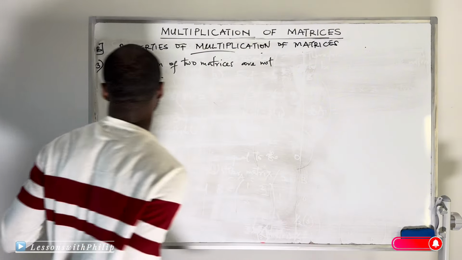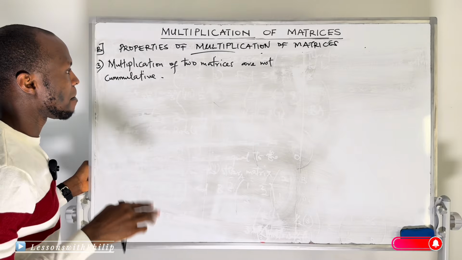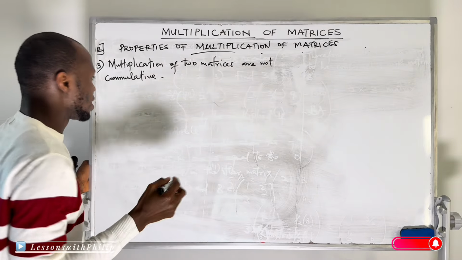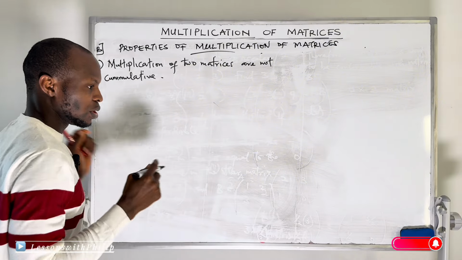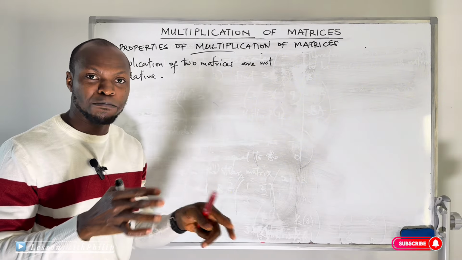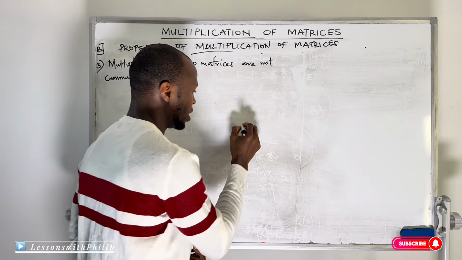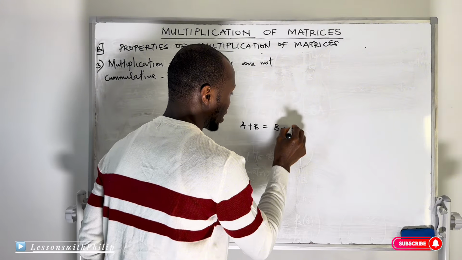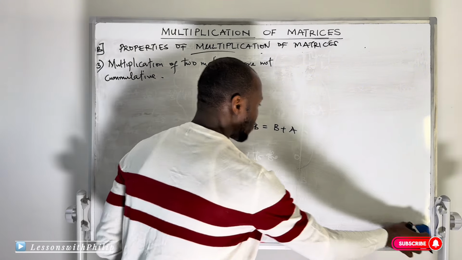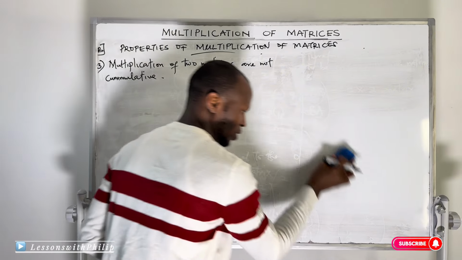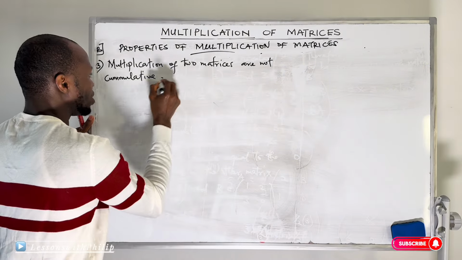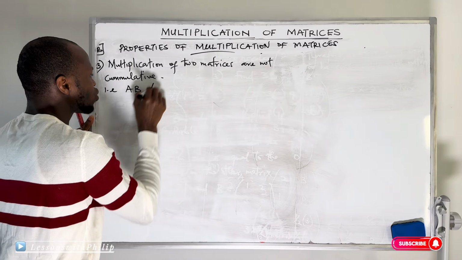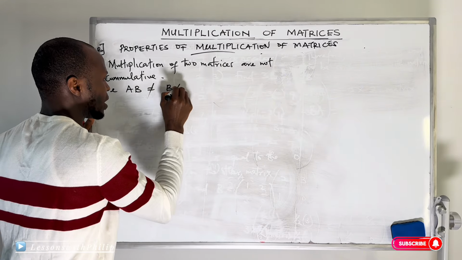What do you mean by that? Let me give an example. You know, when we did addition of matrices, we said A plus B is the same thing as B plus A. Do you remember? Now, for multiplication of matrices, they are not. A times B, that is AB, is not equal to BA.